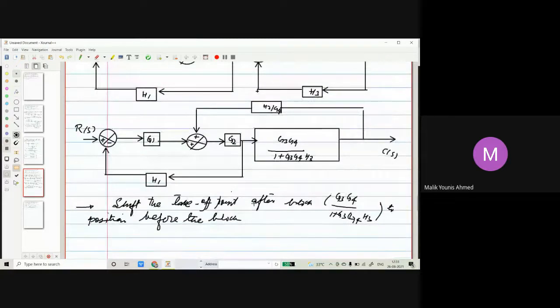So let's copy this one. We'll copy this and later on we'll see, some portion we have to draw again. And let's copy complete, then we'll try to amend it.